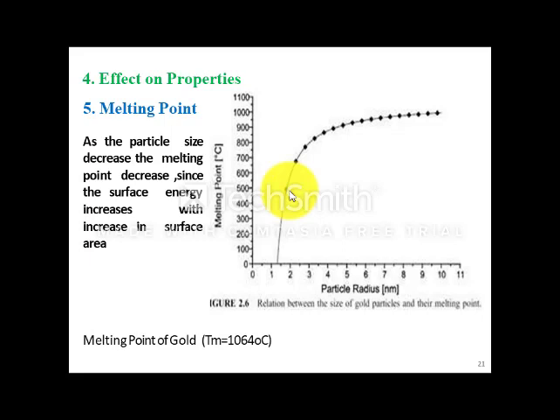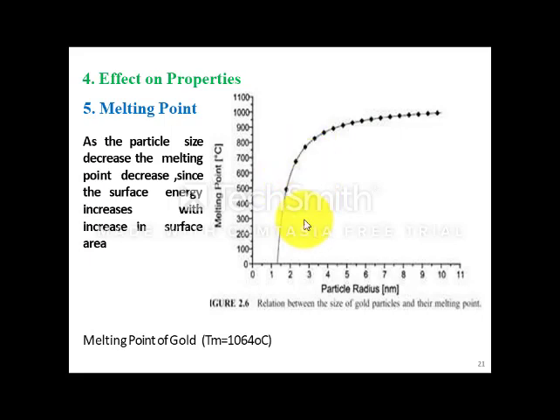We can see the melting point has already reached about 500 degrees Celsius, which is very small. These dots represent the melting point values, and this curve is just drawn by the software. It does not mean the melting point can reach zero. It is an approximation, but actually the values are the dots shown here, this one and this one and this one.